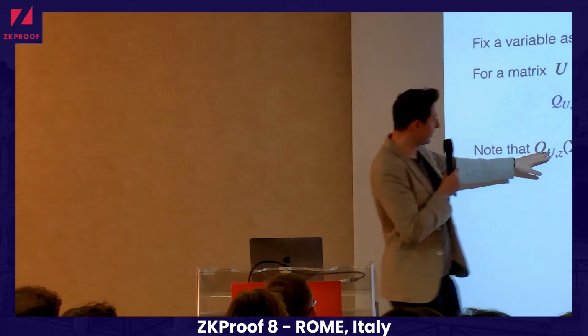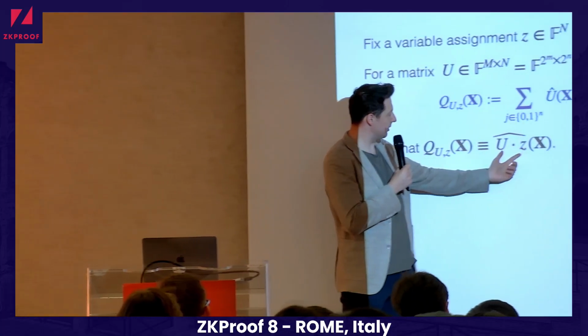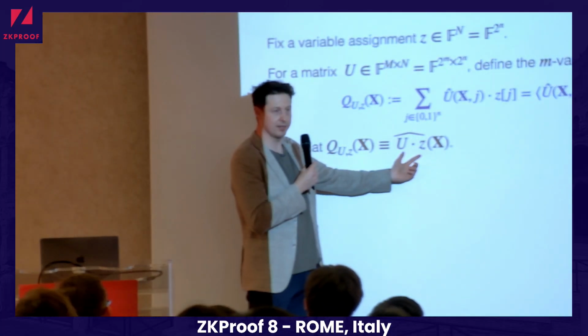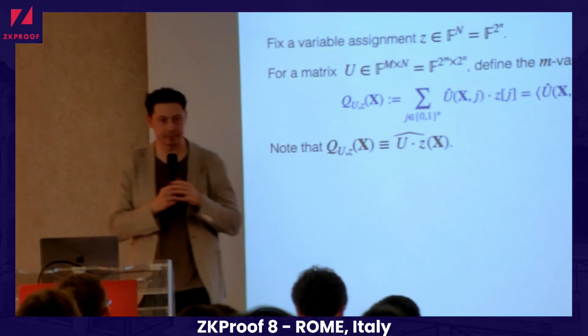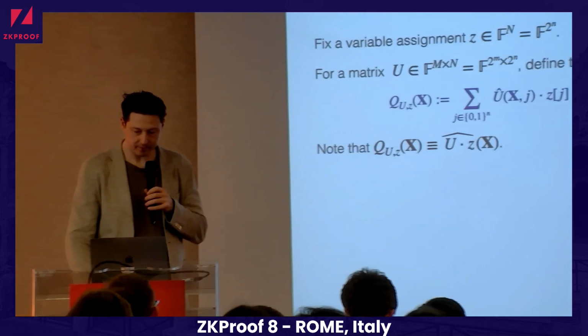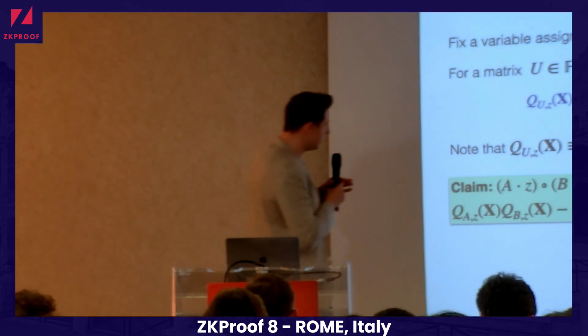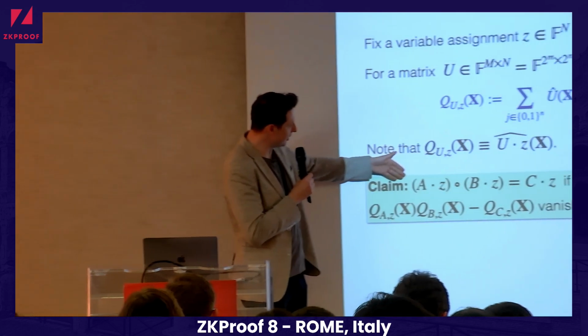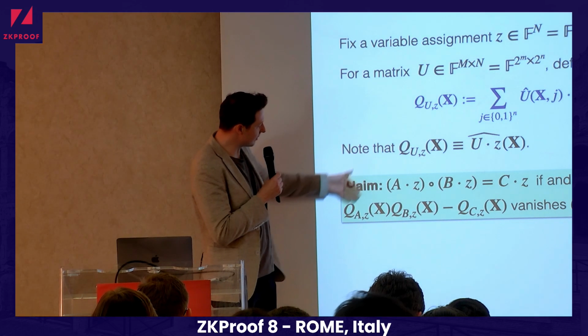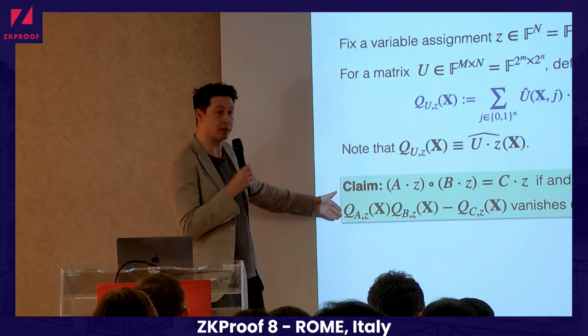This polynomial can be viewed as taking the matrix-vector product and then extending, right? Okay. So why are we doing this? Because you can take the satisfiability condition of R1CS and write it as a vanishing condition of multilinear polynomials.